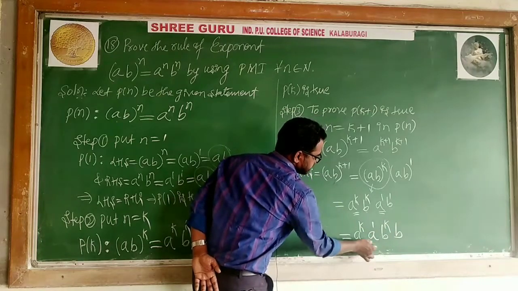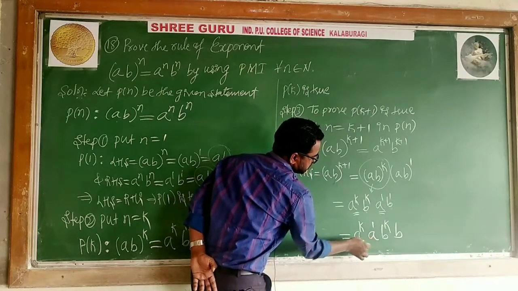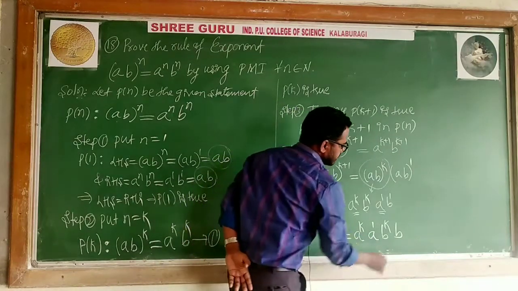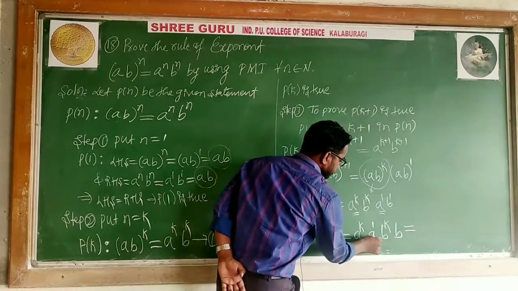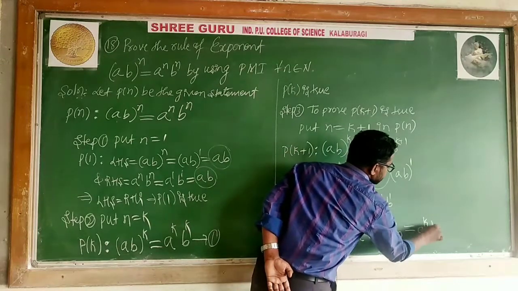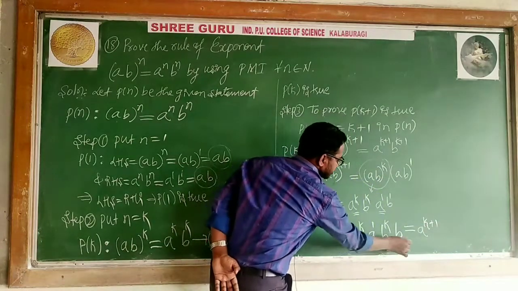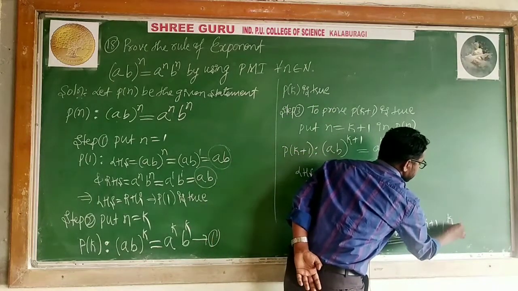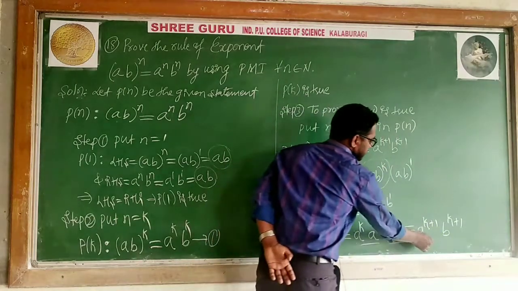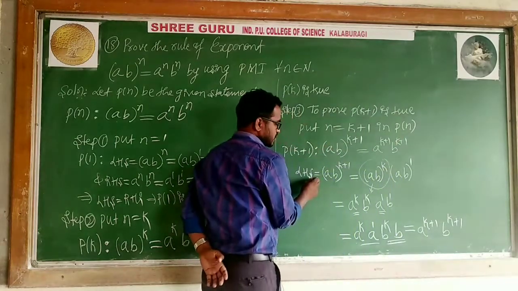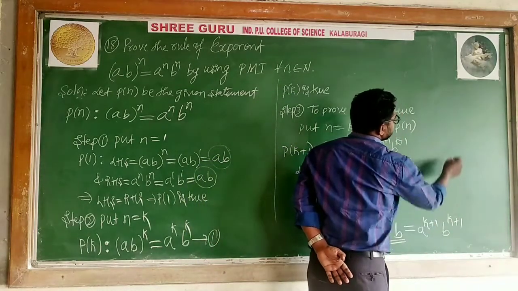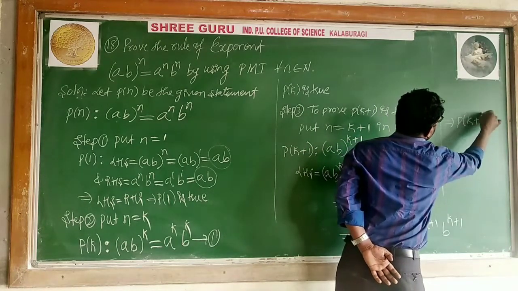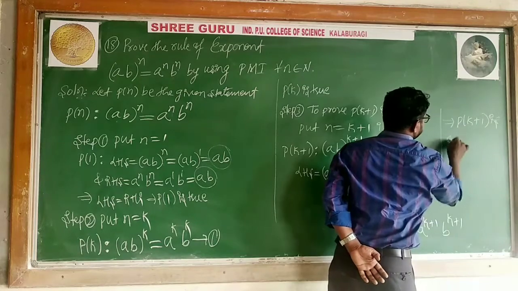Bases are same, so I can add powers: a to the power k plus 1, b to the power k plus 1. Is it proved? Yes. LHS is equal to RHS.